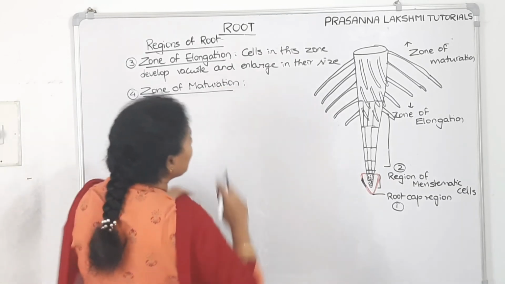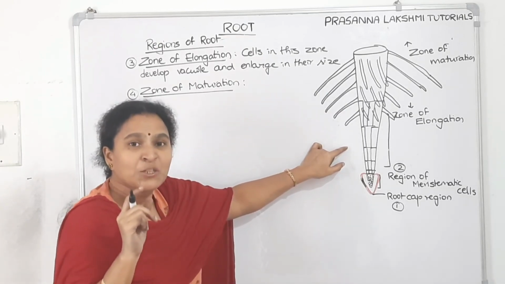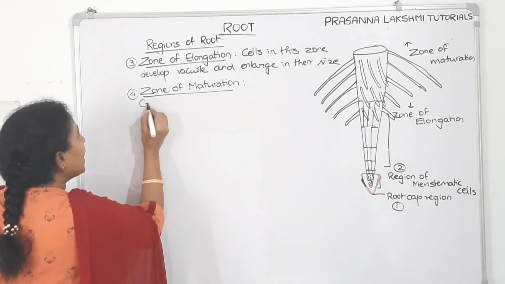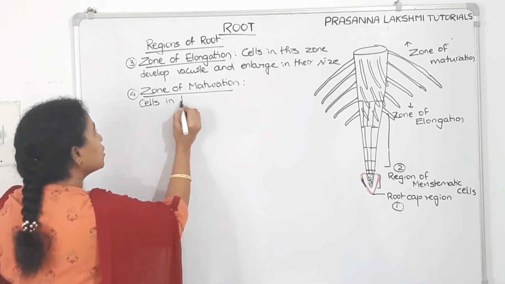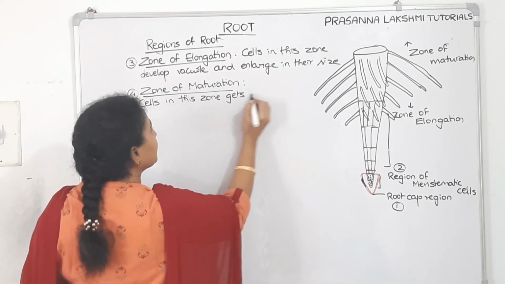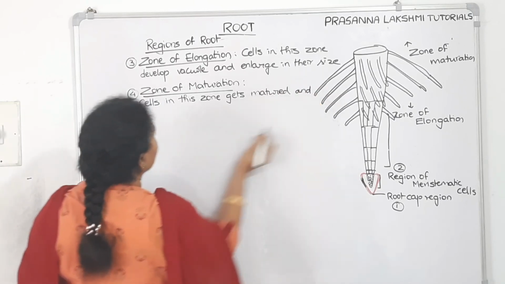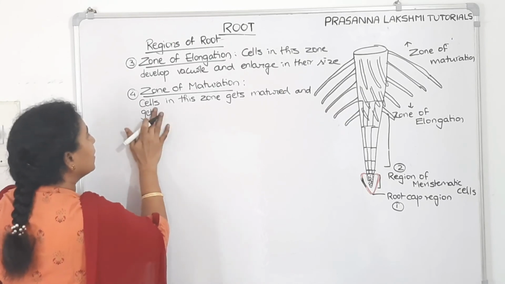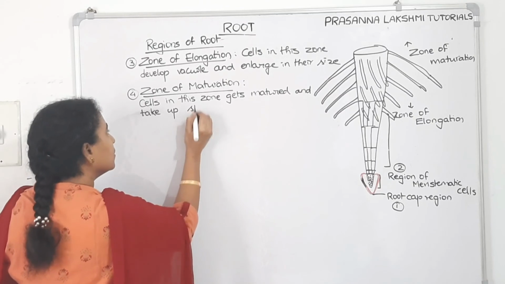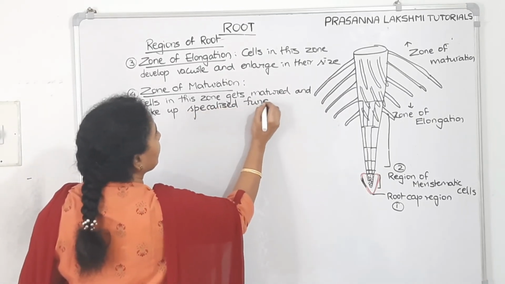After division, they will elongate. After elongating, they get matured, they get specialized, they take up a function. That is called zone of maturation. So cells in this zone get matured and take up a specialized function.